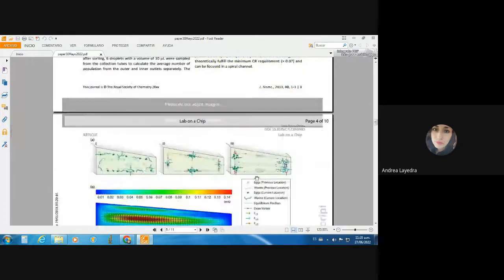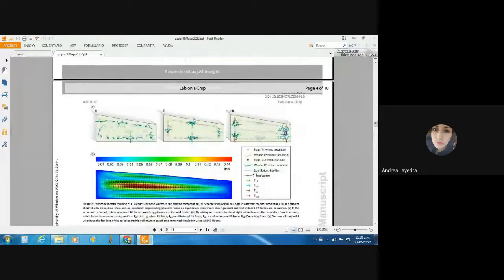Okay, in the results, the major factor to determine the possibility of a particle to be focused in the spiral channel is the confinement ratio, which is applicable to both linear and curvilinear microchannels, and is the ratio of the particle diameter and the hydraulic diameter.